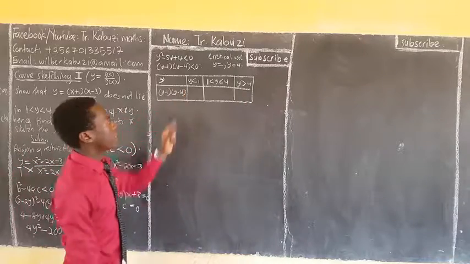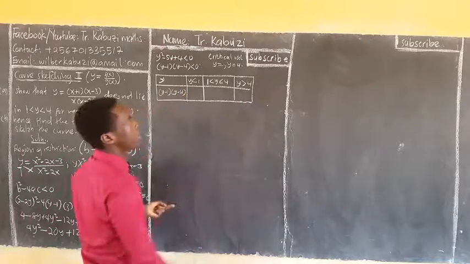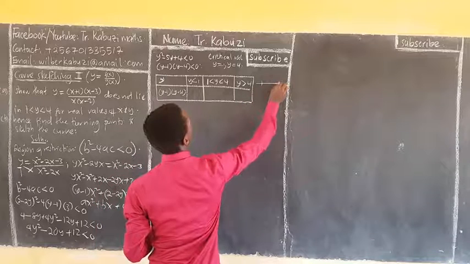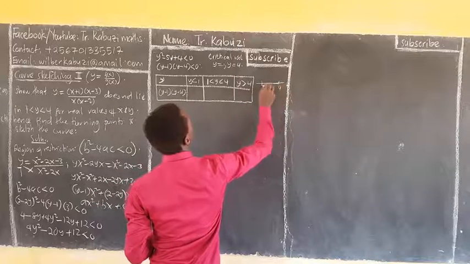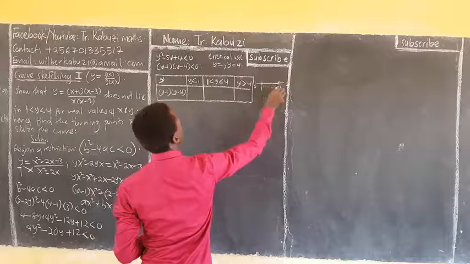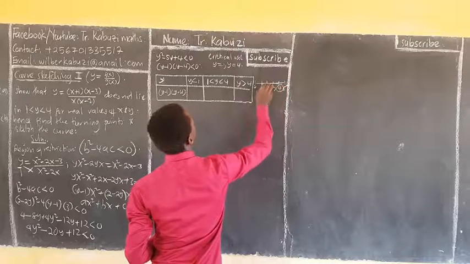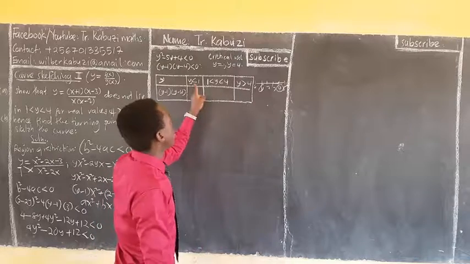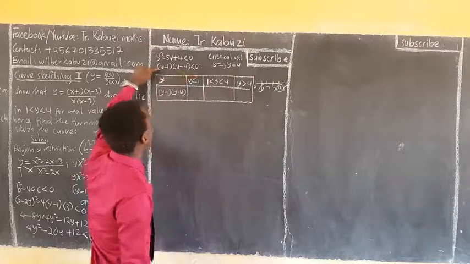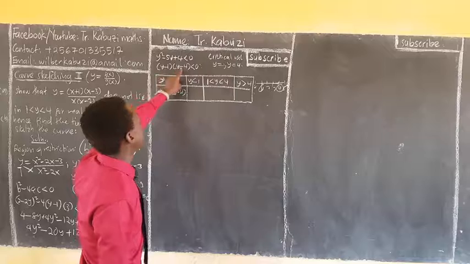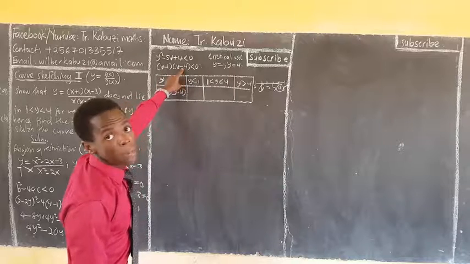So, below 1, there is 0. Between 1 and 4, there is 2, then above 4, there is 5. So, below 1, there is 0. If I put 0 here, I have negative 1 times negative 4, which gives me a positive 4.